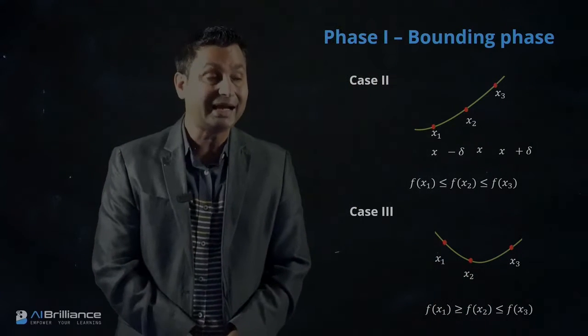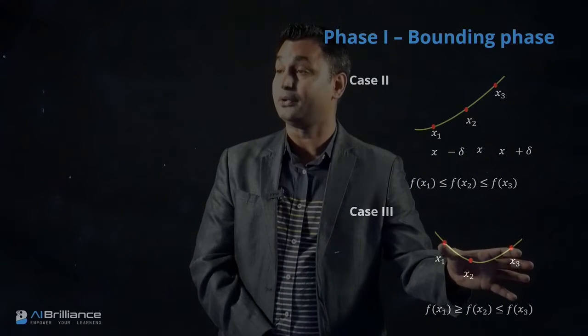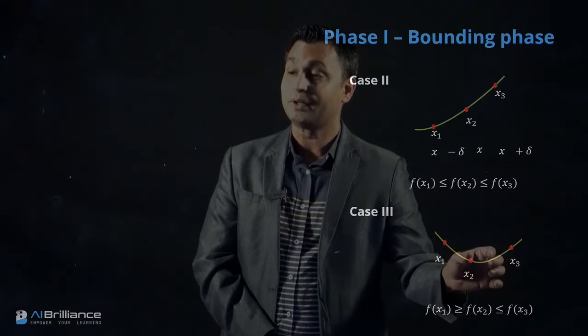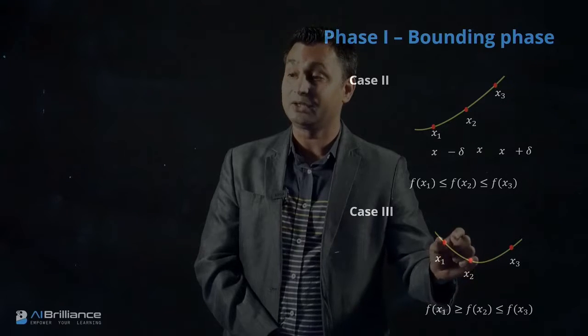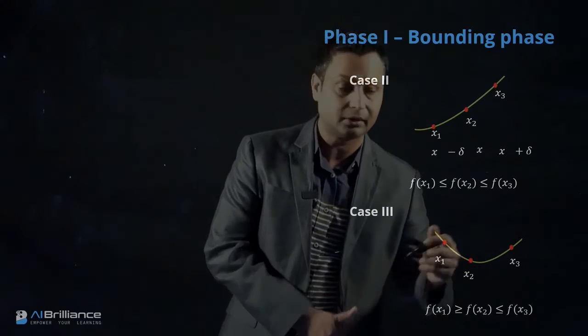In that case, we know for sure that these two are a good interval to bound the algorithm, and the optimum lies in between, and probably we should stop here. These 2 points, x1 and x3 themselves, can define the interval, right?